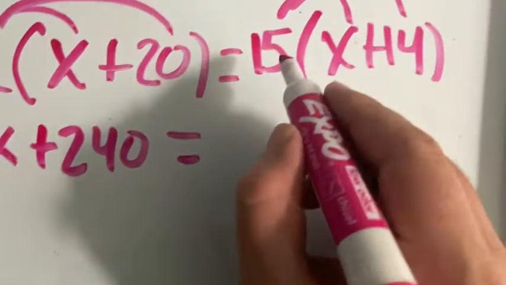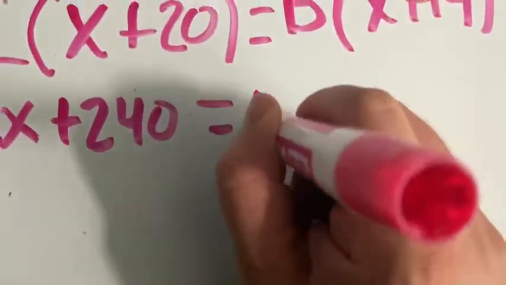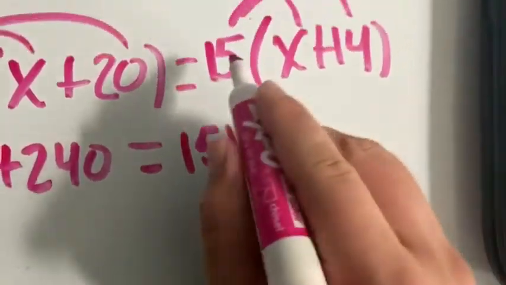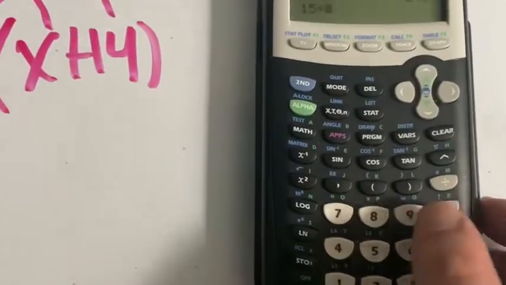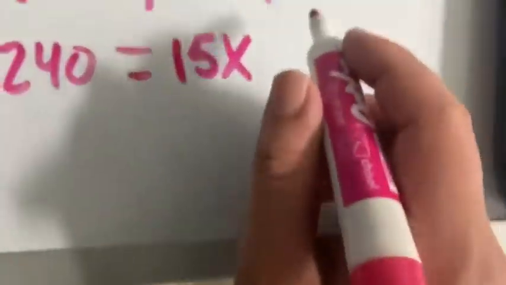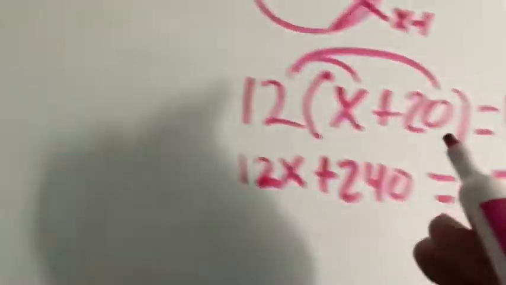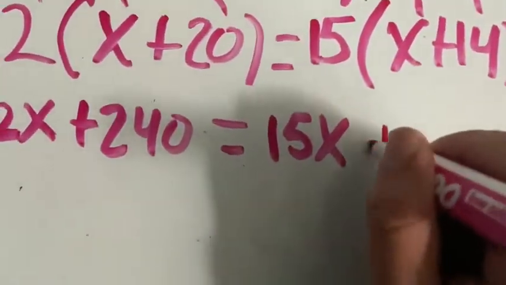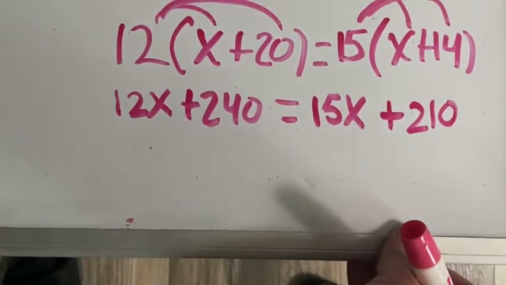Is equal to, now I'll come over here, I'll look at this now. 15 times x is, of course, 15x. 15 times 14, don't know off the top of my head, but that's 210. And really, I should have known from this previous problem, but no problem typing it back in again.